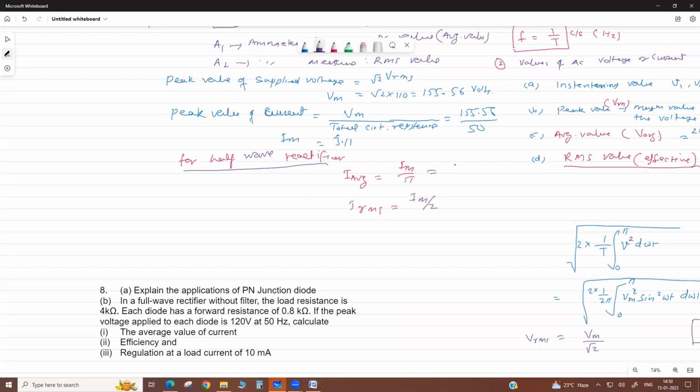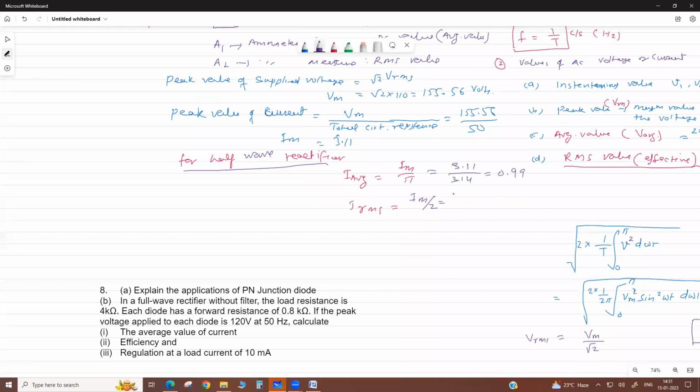Now we calculate these values. The average value: IM we have calculated as 3.11, divided by 3.14, gives 0.99.